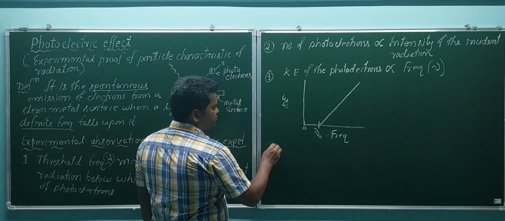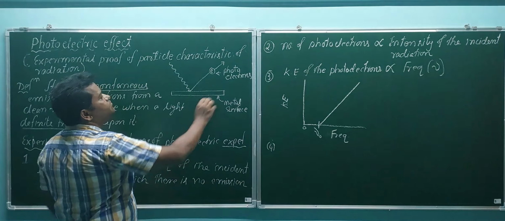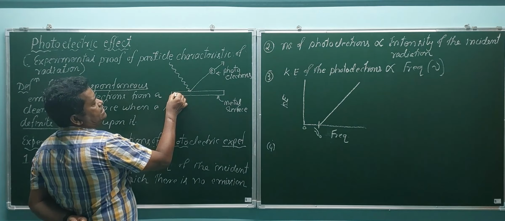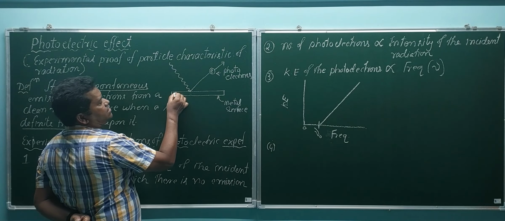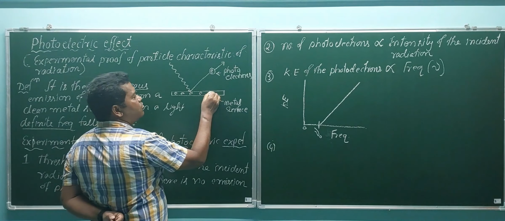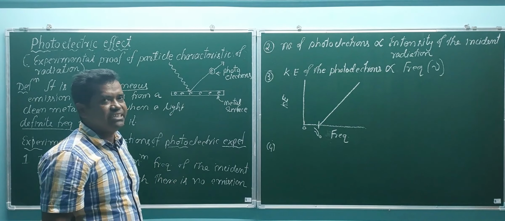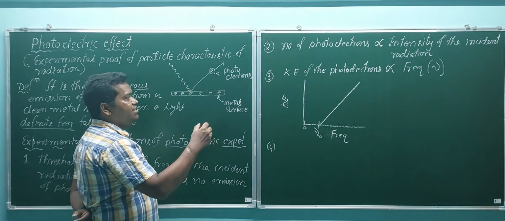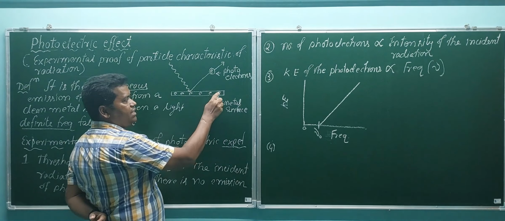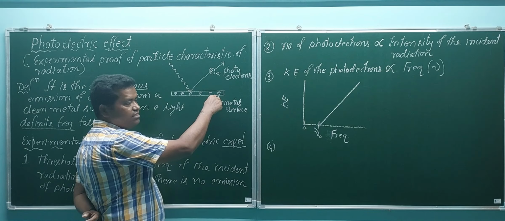Number fourth, each electron is bound with the metal surface. That is called potential energy. That is, there is a potential energy between the electron and the metal ion of the metal surface.